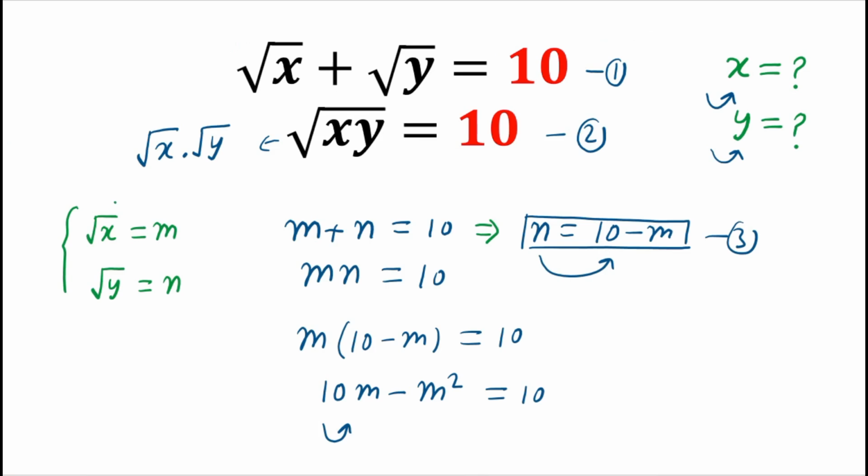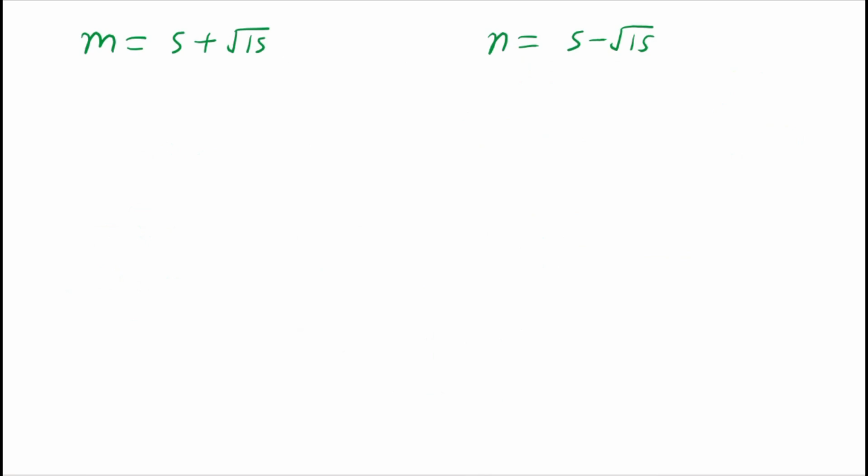And here m is square root of x and n is square root of y. So this m is replaced by square root of x, which is equals to 5 plus square root of 15. This n is replaced by square root of y, which is equals to 5 minus square root of 15.